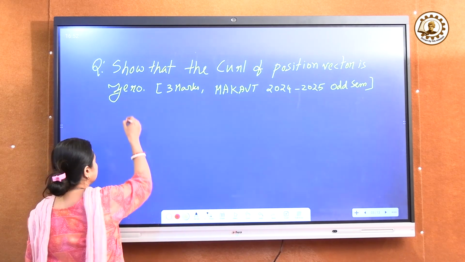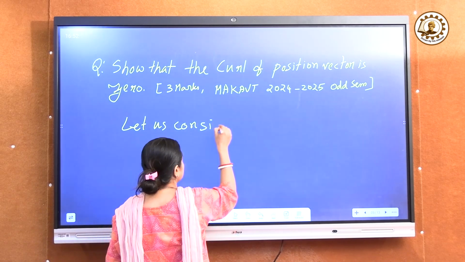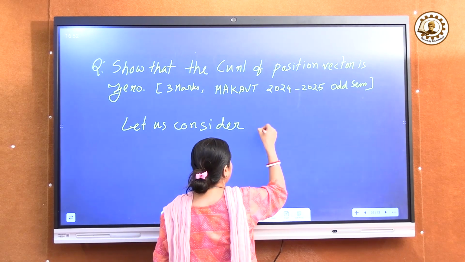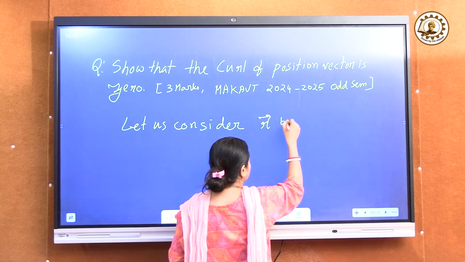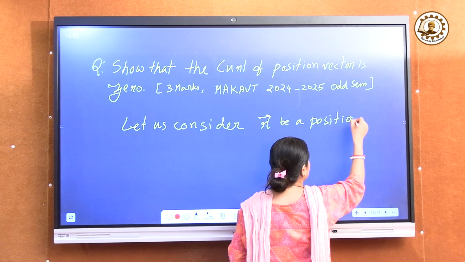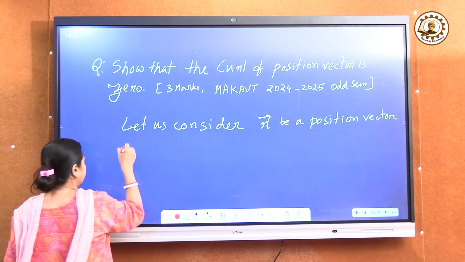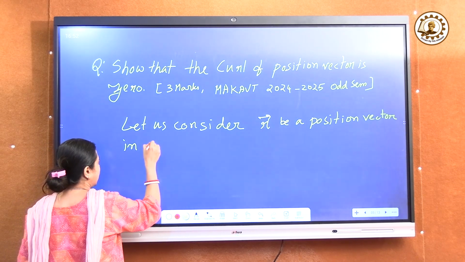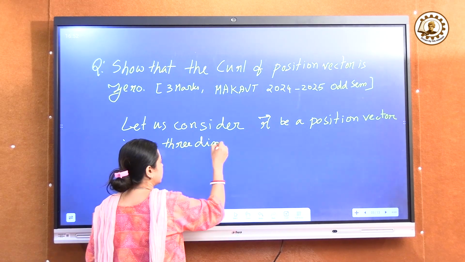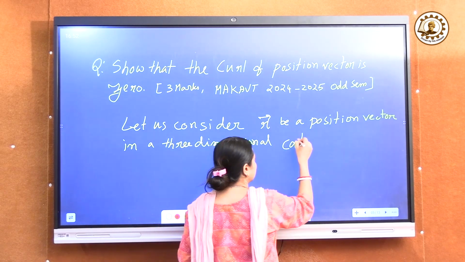So for that, let us consider R vector to be a position vector in a three-dimensional Cartesian coordinate system.